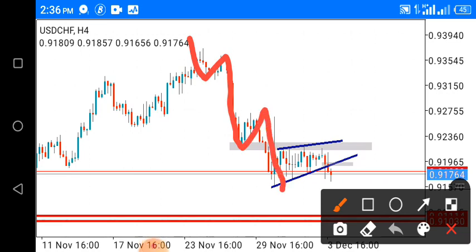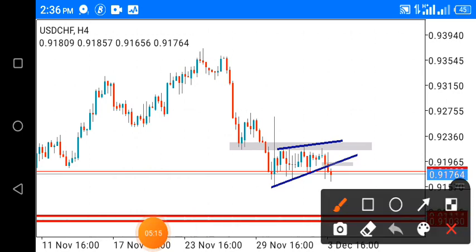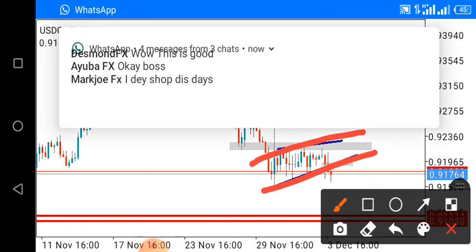So we broke here. All this was a retest, and price has finally broken. Another thing that I saw about the retest was how the price was moving in a corrective manner, forming an ascending type pattern which always breaks down.